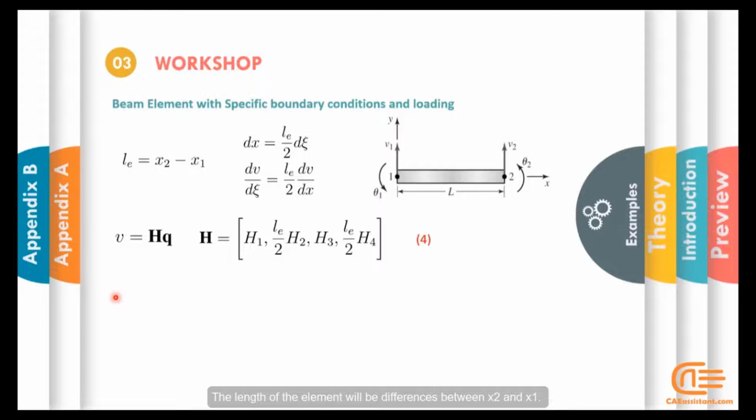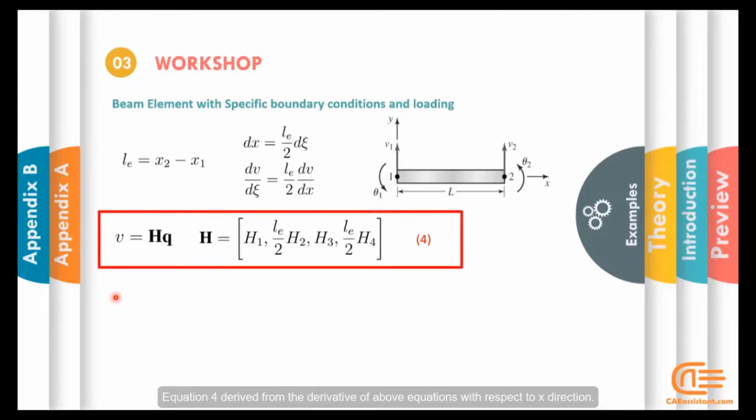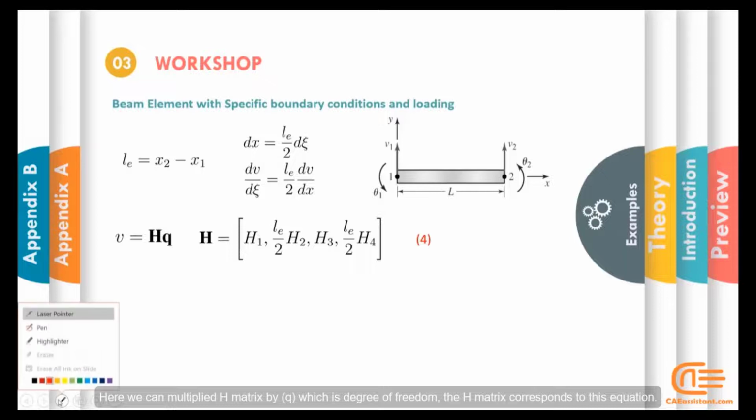The length of the element will be the difference between x2 and x1. Equation 4 is derived from the derivative of the above equations with respect to the x direction. Here we can multiply the H matrix by Q, which is the degrees of freedom. The H matrix corresponds to this equation.